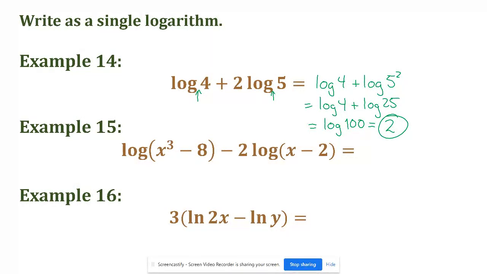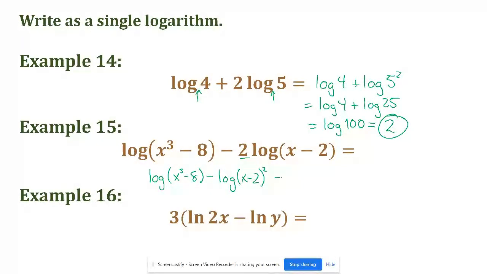Next one, this one's fun. We're subtracting, so that's going to involve division. And again, I'm going to rewrite this by putting this 2 right here back into the logarithm. So I've got log of x cubed minus 8 minus log of x minus 2. And that 2 is now going to be the exponent, so x minus 2 squared.